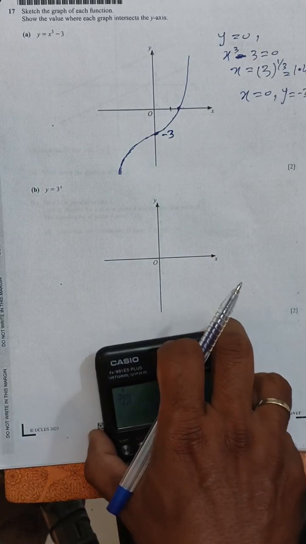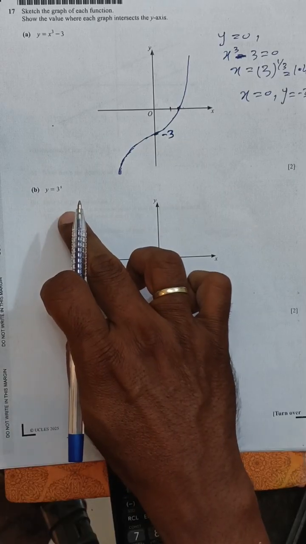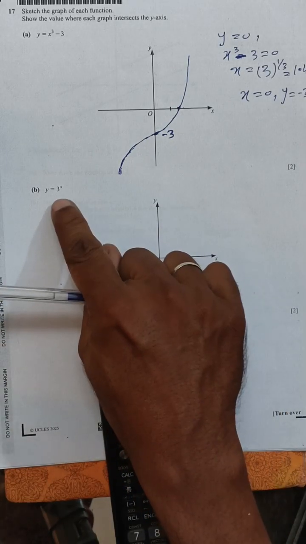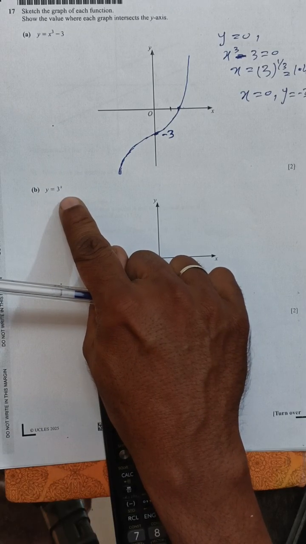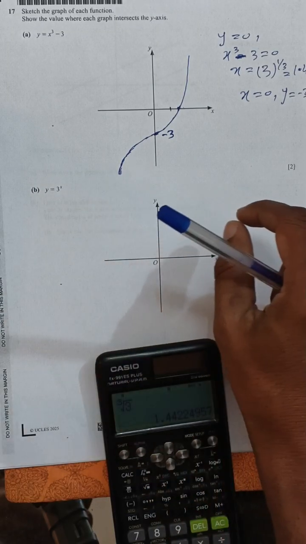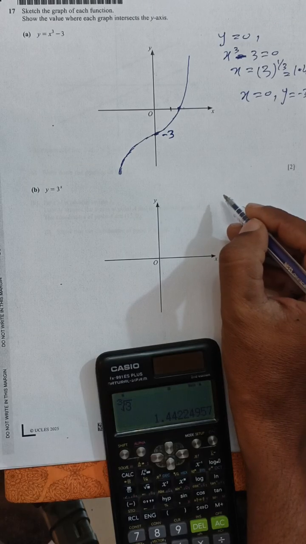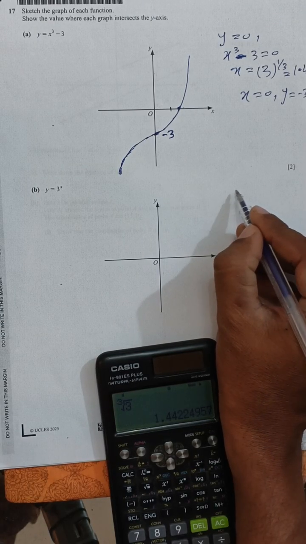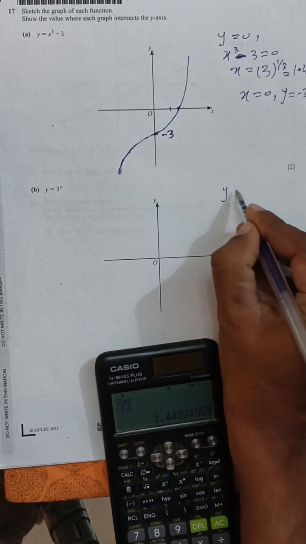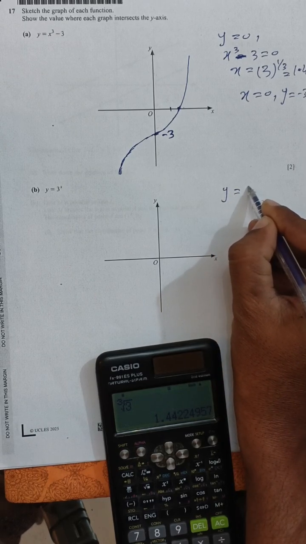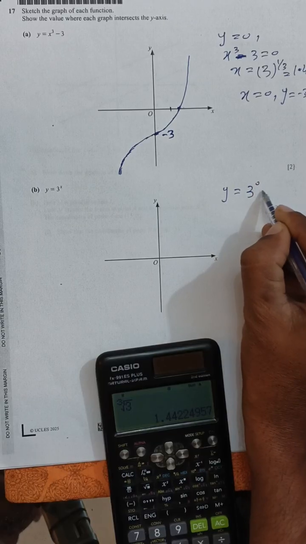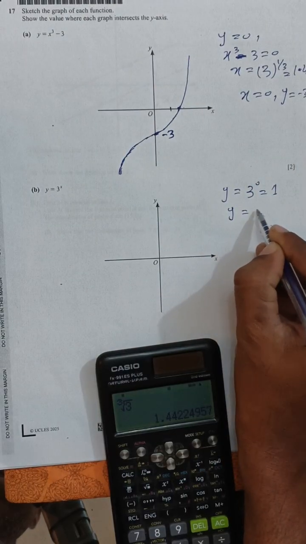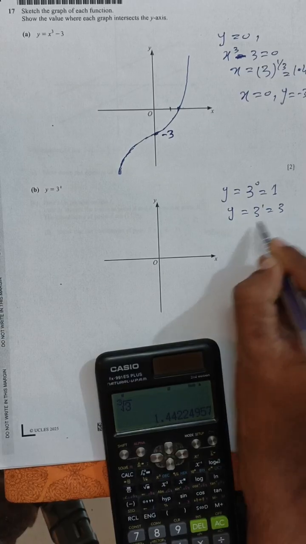Okay, look at this one. What about this one? y equal to 3 की power x. Okay. When x equal to 0, y equal to 3 की power 0 equal to 1. When x equal to 1, y equal to 3 की power 1 equal to 3.